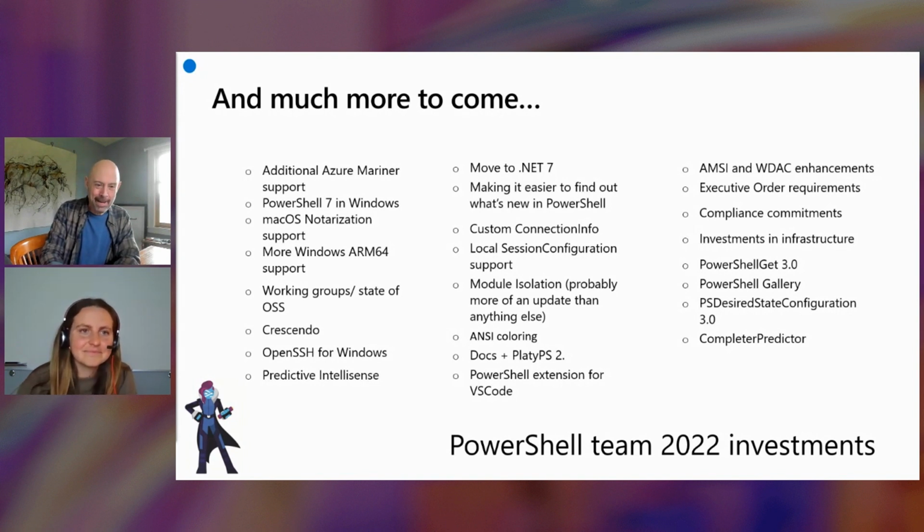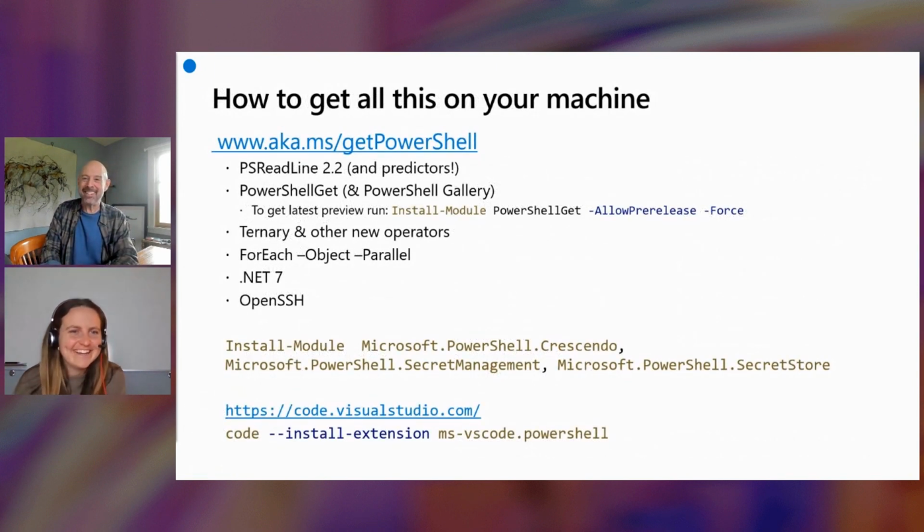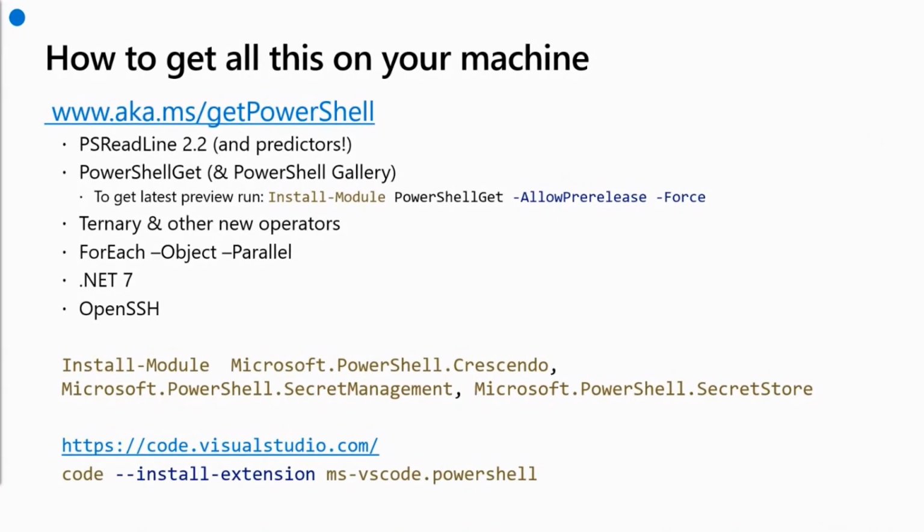So how do you get PowerShell? I think that's my next slide. Oh, that is. Yep, you got it. So you get it by, well, there's the aka.ms link. You can get PowerShell. Now, a couple of things to keep in mind when you grab PowerShell. Don't forget about our swim lanes of innovation. A lot of the interesting innovation in PowerShell doesn't necessarily occur in the engine. It happens in the modules.